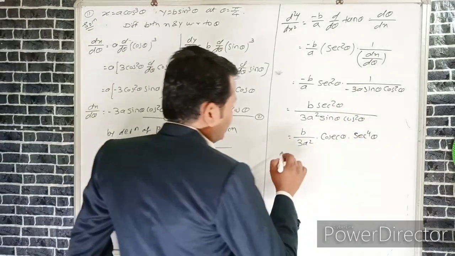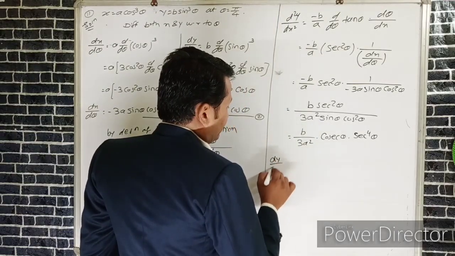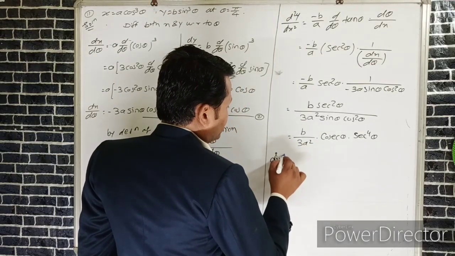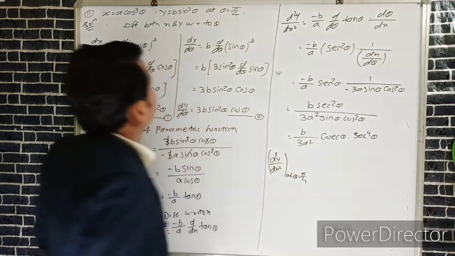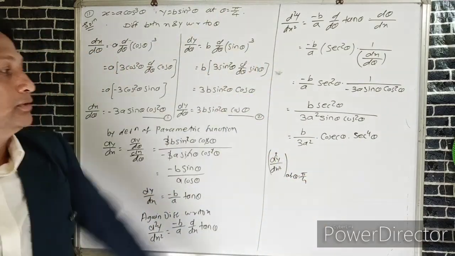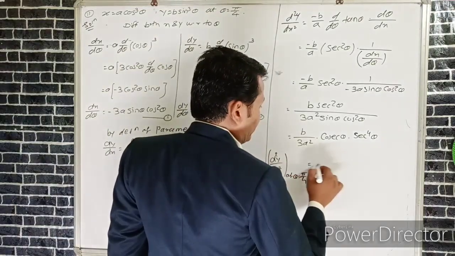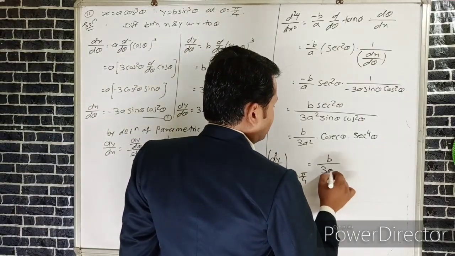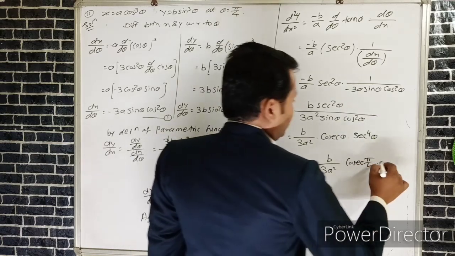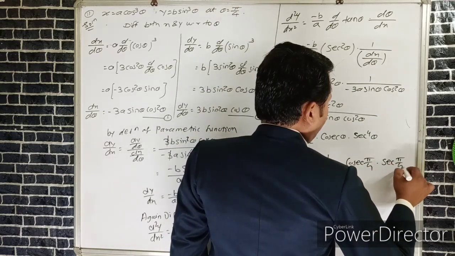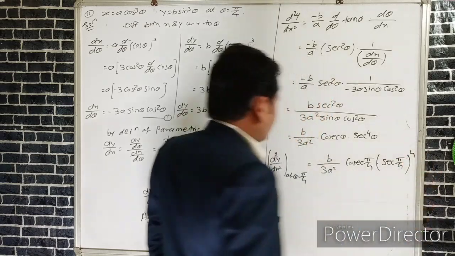After that, we have to find d2y by dx square, the second order derivative at theta equals pi by 4. If we substitute the value of theta, which is pi by 4, we can write b upon 3a square, cosec of pi by 4 into sec of pi by 4 whole raised to the power 4.